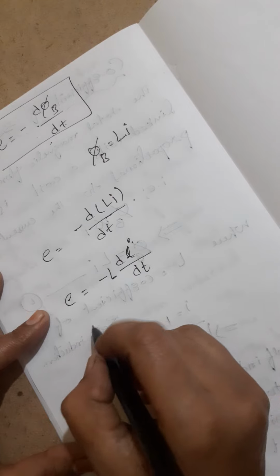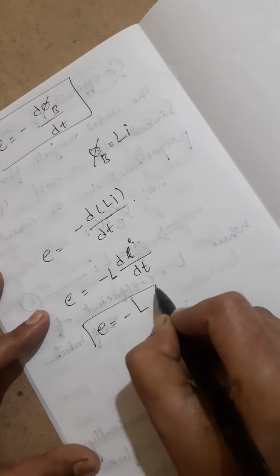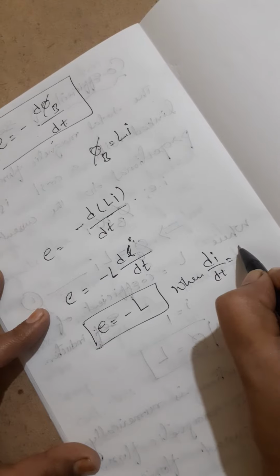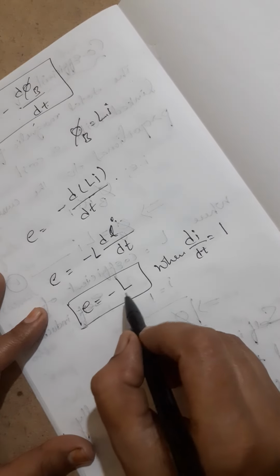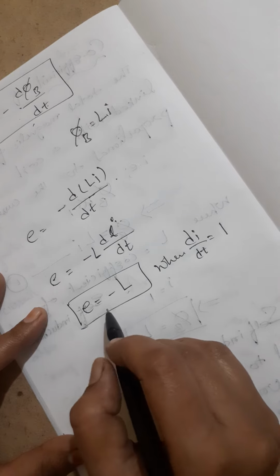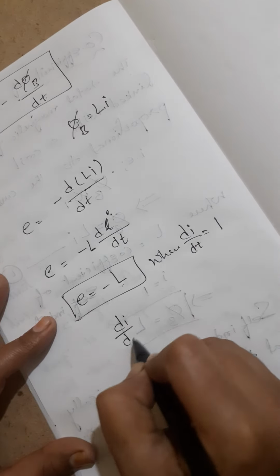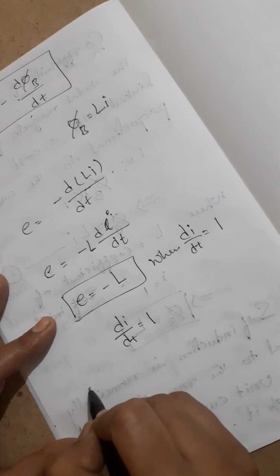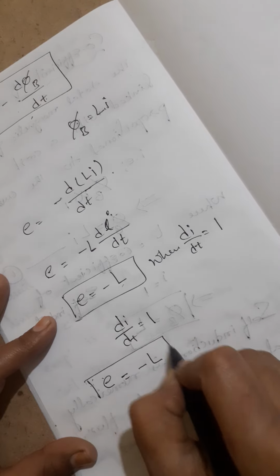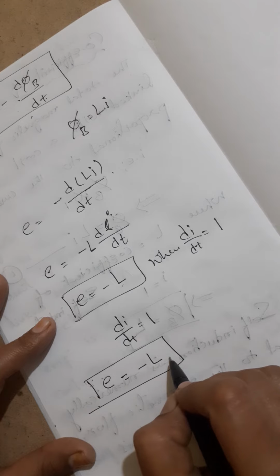Then we can write E is equal to minus L when dI by dt is equal to 1. So the negative sign indicates here that the induced EMF is in such a direction that it opposes the change. Okay, here when dI by dt is equal to 1, at that time the induced EMF is equal to the negative of the coefficient of self-induction.